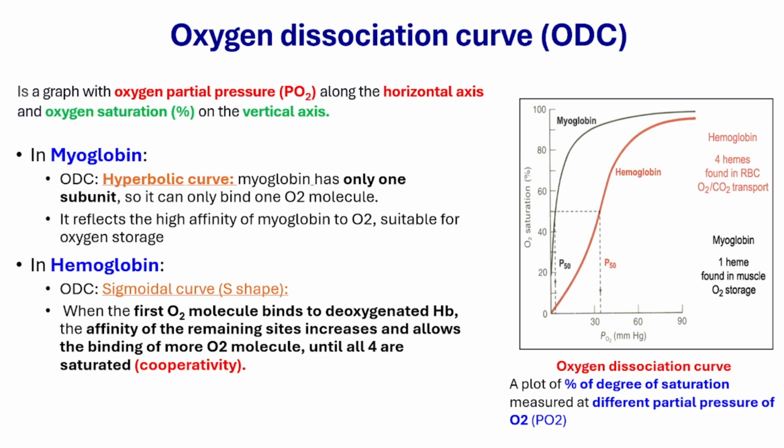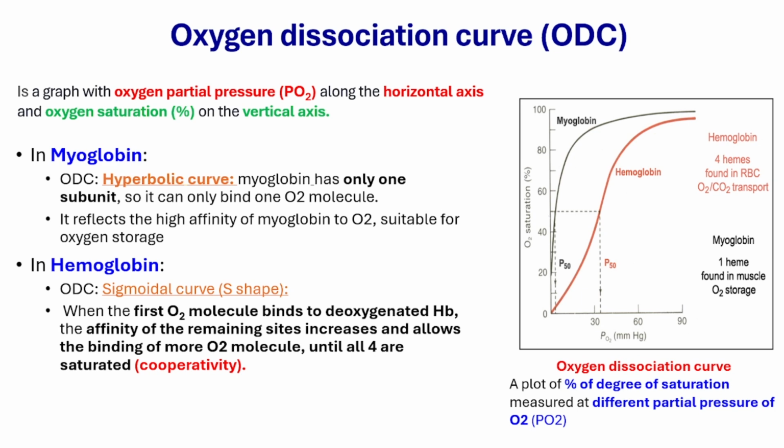In the horizontal line, or x-axis, I have the partial pressure of oxygen. This is the pressure of oxygen, so I'm increasing the oxygen pressure here, and I'm looking at how many sites have been saturated, or occupied, by the oxygen. When you look at the oxygen dissociation curve for myoglobin, it has a hyperbolic shape.